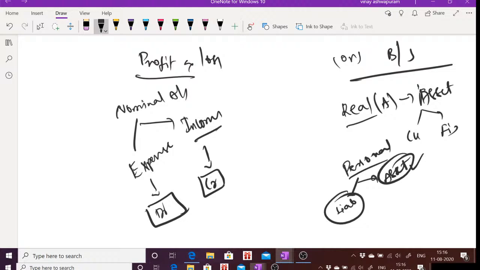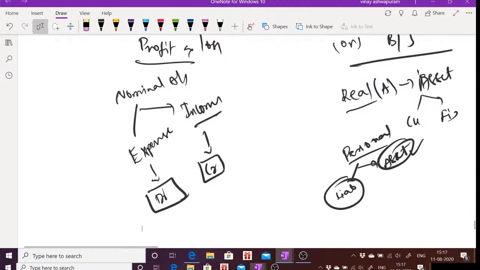When we discuss profit and loss for a sole proprietor, we will also discuss direct expenses and indirect expenses. All the indirect expenses will go to the profit and loss account and all the direct expenses will go to the trading account. We will also discuss how Tally works, how we have to work on Tally and how we have to work on SAP. So this was the thing.